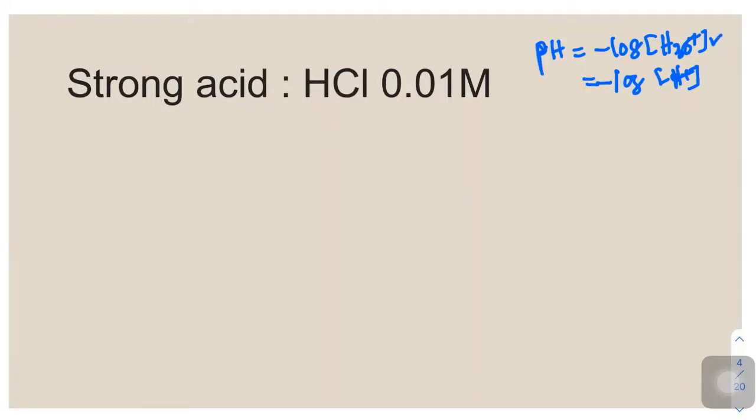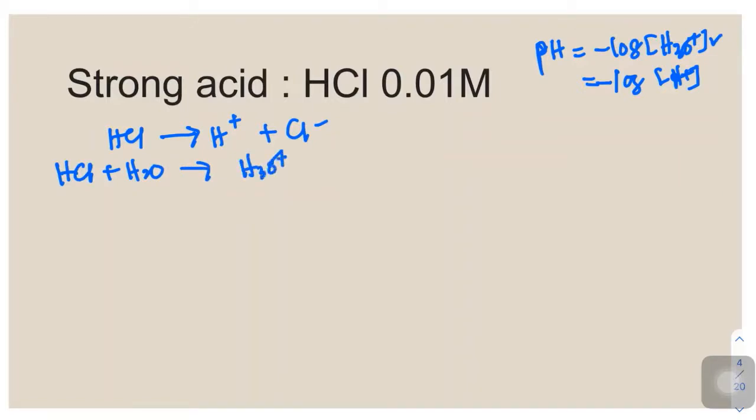For this HCl with a concentration of 0.01 molar, during dissociation it turns into H plus and Cl minus. If HCl reacts with H2O, it 100% dissociates to H3O plus and Cl minus. So if we have 0.01 molar of HCl, the H3O plus will be 0.01 molar as well, and the same goes for the chloride ion.